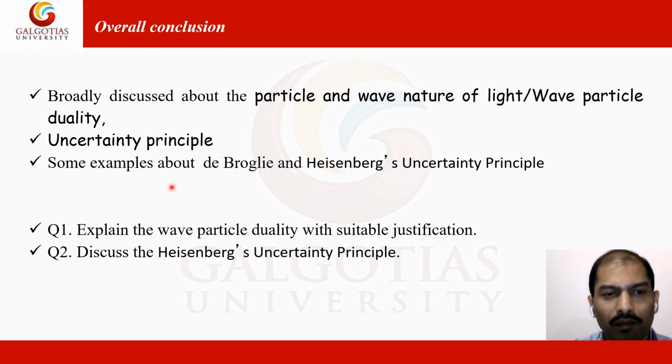Here the major questions which can be asked are: explain the wave particle duality with suitable justification, and discuss the Heisenberg uncertainty principle and the associated experiment. You can justify your answer and give one or more examples as we discussed, and apart from that you can take many more examples which explain the particle nature and the wave nature of light.